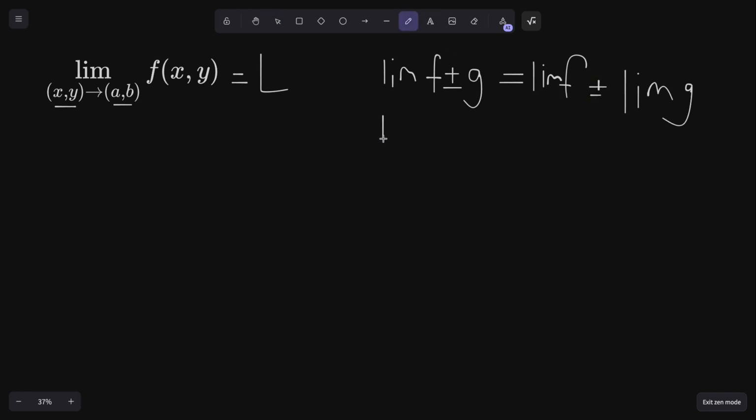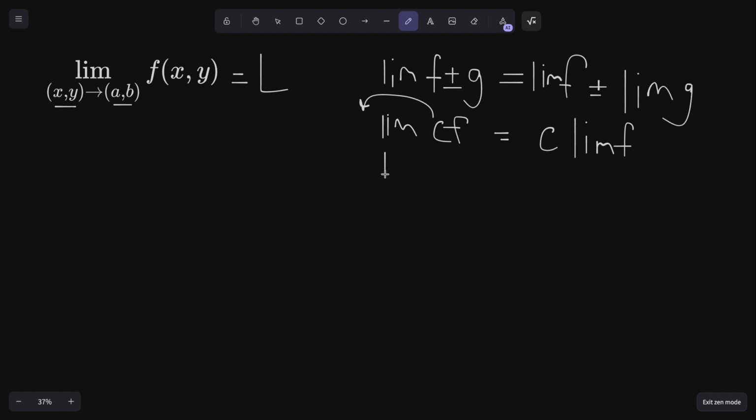And then if you have a constant multiplied by a limit, you could pull that constant out. So it's the constant multiplied by the limit of that function. And all of these work assuming that these two limits exist, by the way. So just want to make that clear.